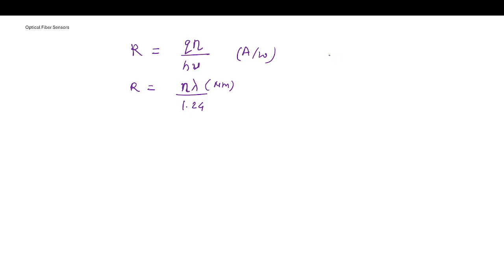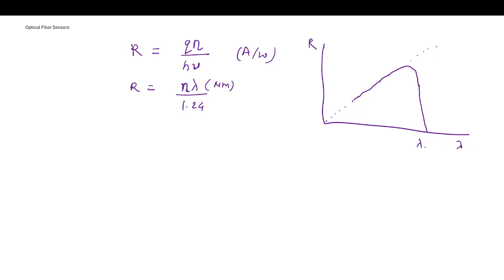Also there is some problem with the responsivity. What is that? If you are plotting responsivity with lambda, ideally it should start from 0 and go linearly. But what happens? It goes up to a certain value, and after that the responsivity decreases.